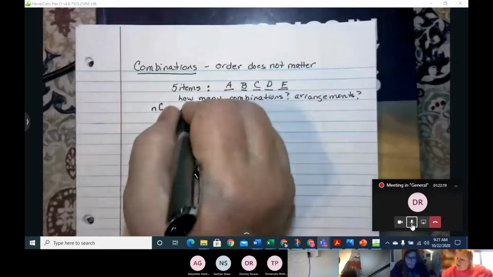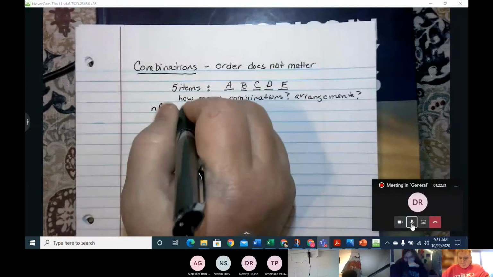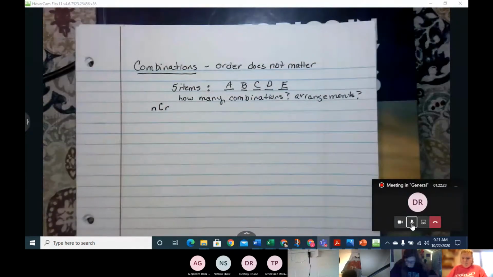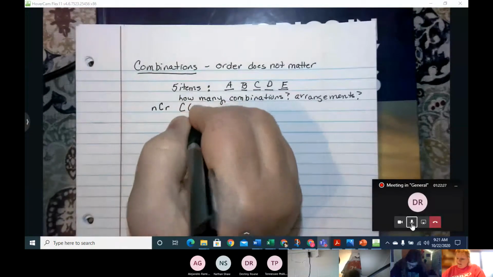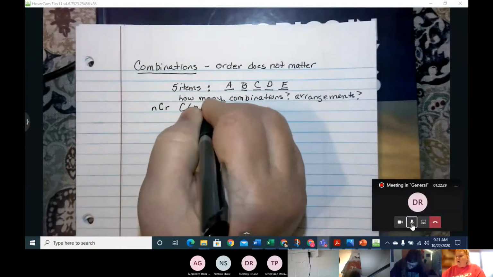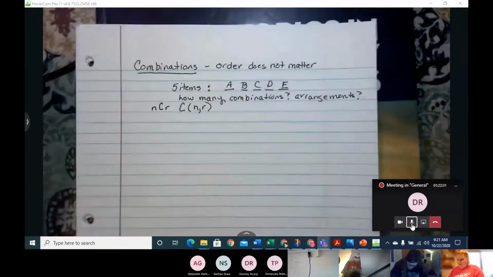It could be written as C(n, r), like an ordered pair.